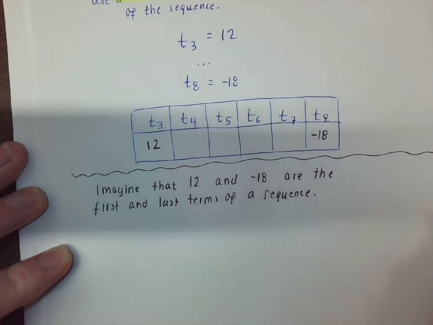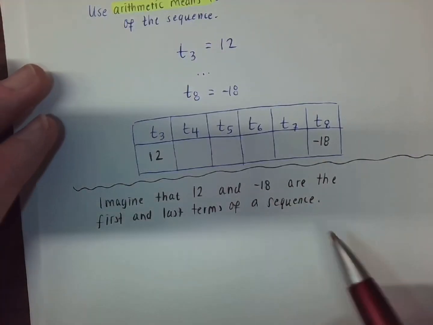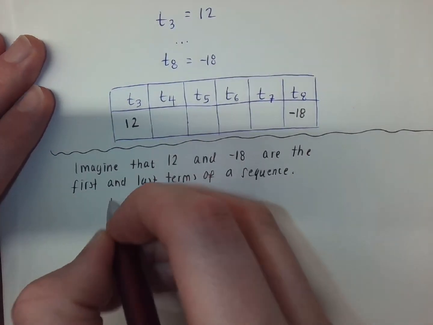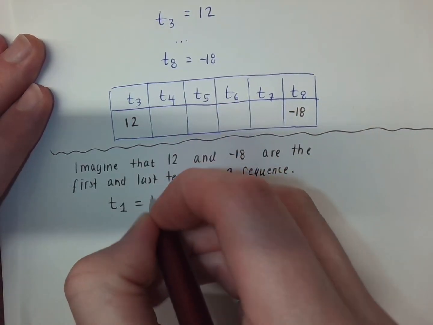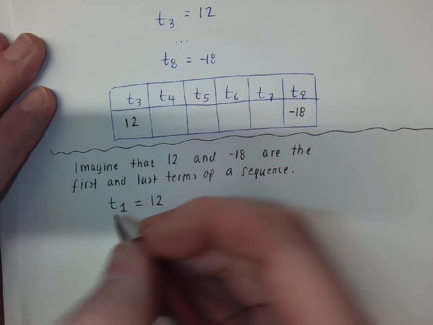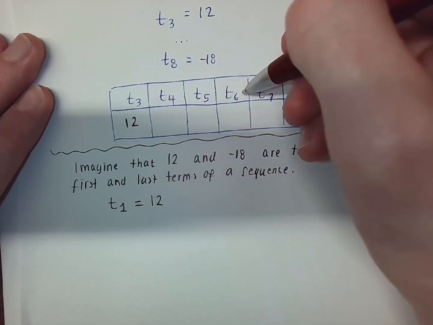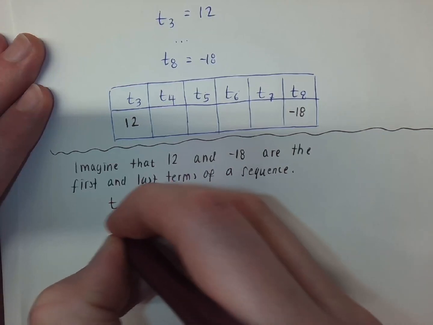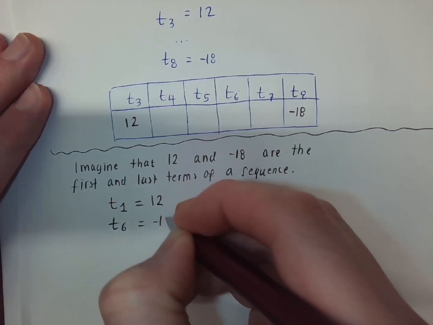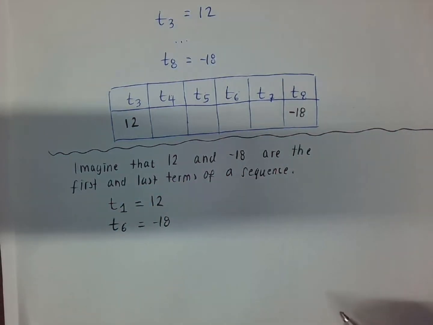So for the sake of solving the problem, let's say T1, the first term, is 12, and then T2, T3, T4, T5, T6, and T6 could be negative 18.